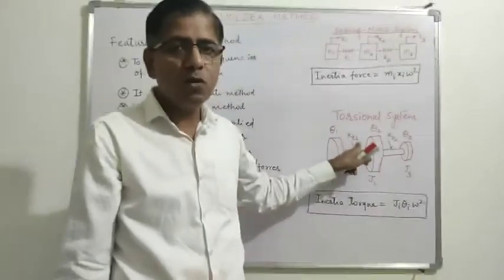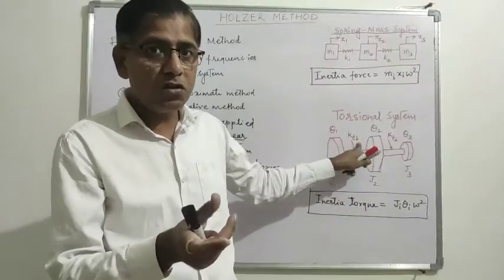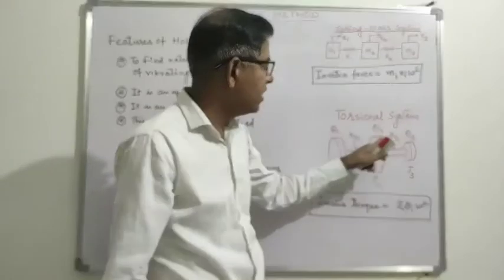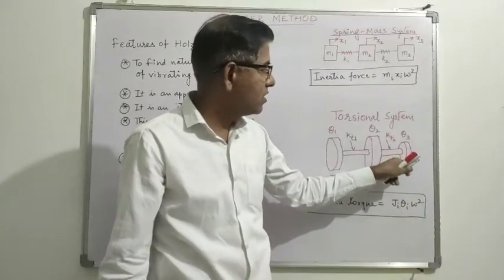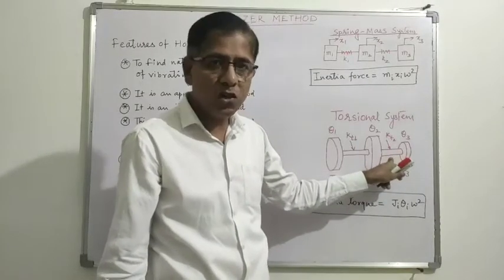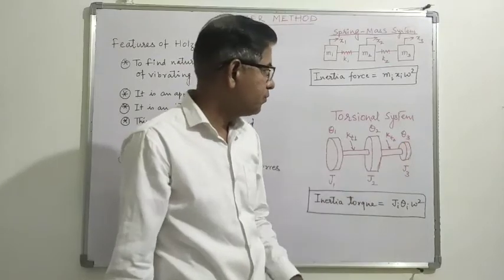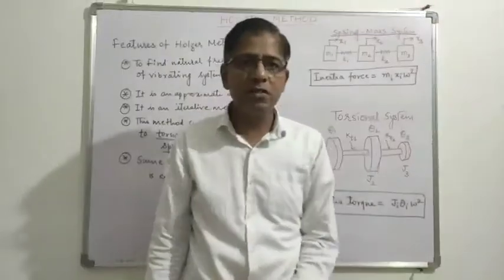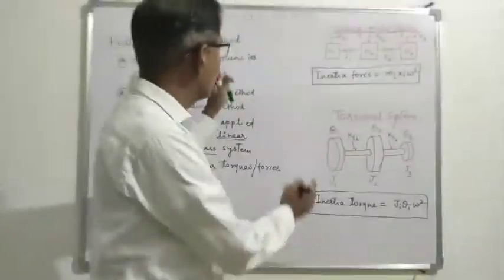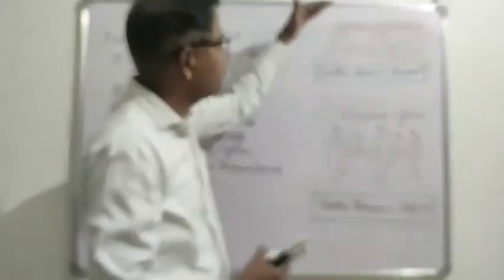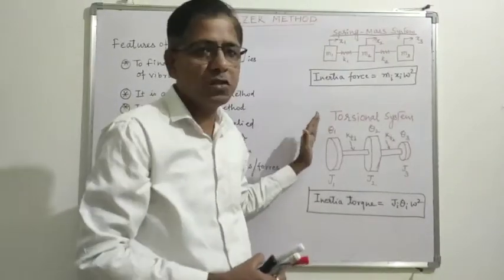So T stands for torsional here, so it is a torsional stiffness, KT1, and the torsional stiffness of this shaft is KT2. So this is a torsional system, and this Holzer method is applicable to spring mass system as well as torsional system.